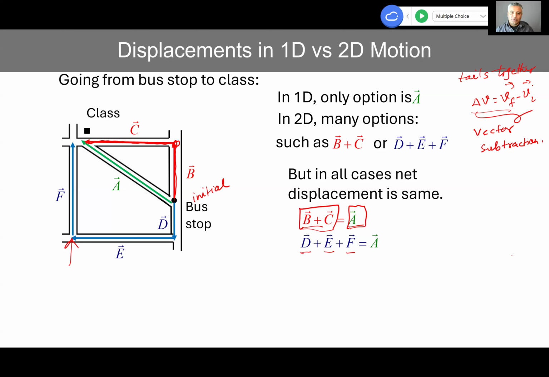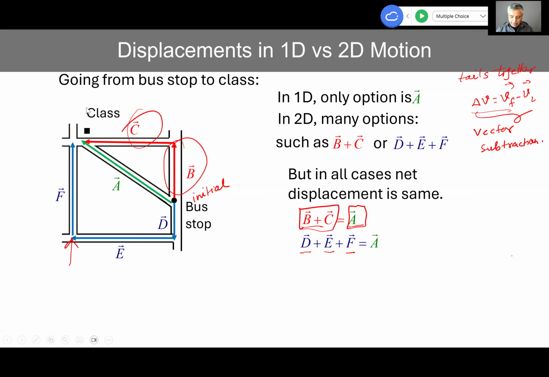So what we want to do is put the tail of the second vector, and any one could be the second vector, it doesn't matter which one is first and which one is second, on the tip of the first vector you draw. See here, the tail of C, the second vector, is on the tip of B, the first vector. I'm talking about these two vectors, okay?